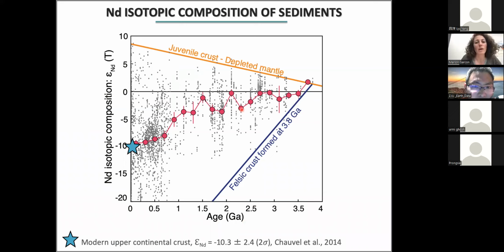When I say something old, it could be two cratons of different ages, but on average, if you erode a craton of 3 billion years and then another one of 2 billion years, it gives you an average age. So this is what I call the old crust. So this is a model at the global scale. So of course it is completely wrong at the local scale.